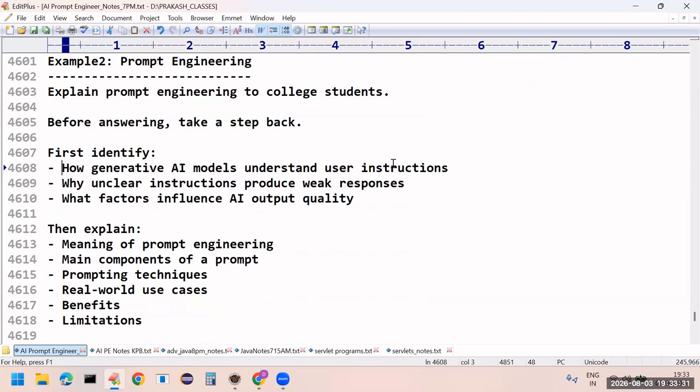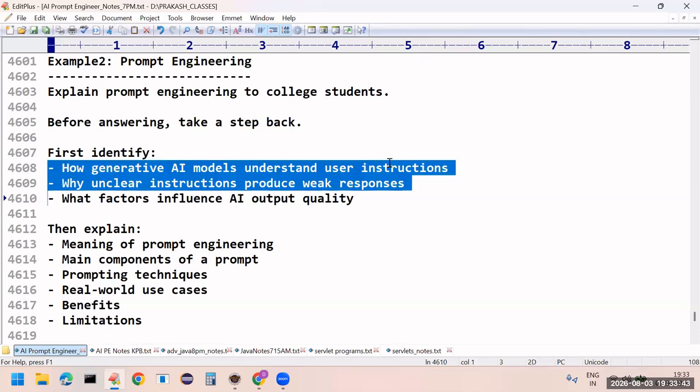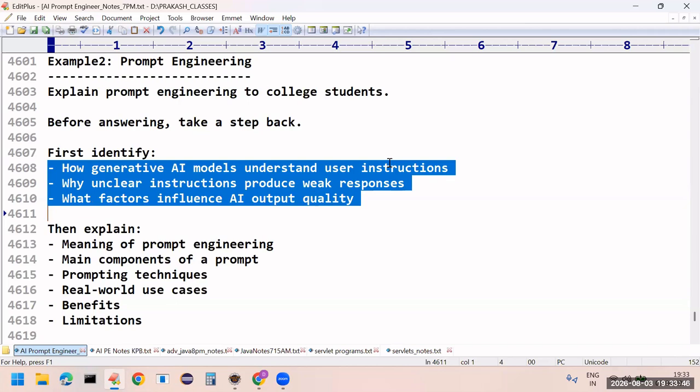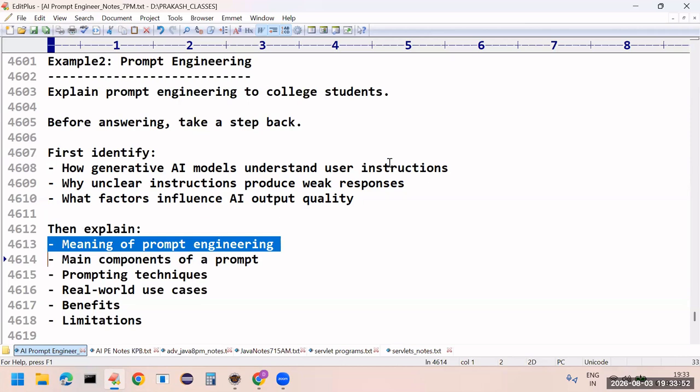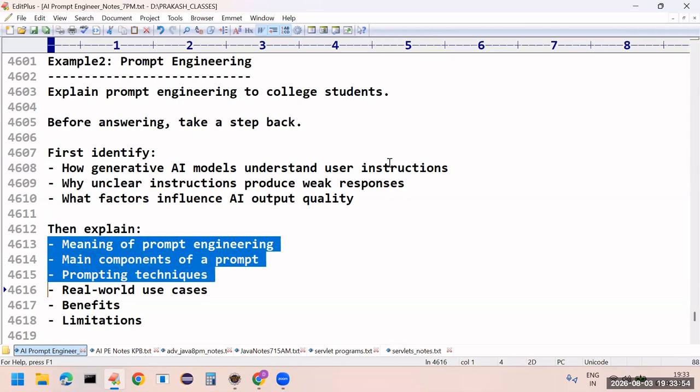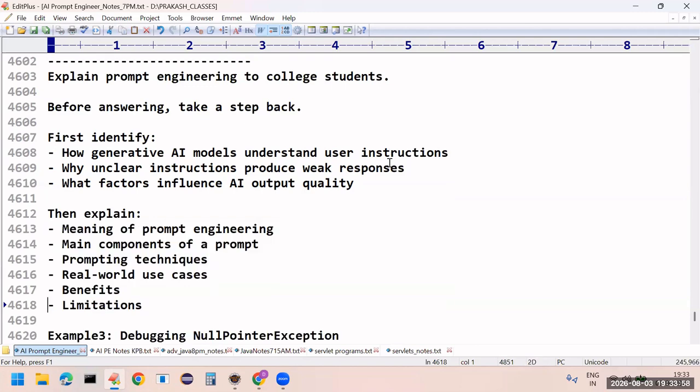Next, why do unclear instructions produce weak responses? What factors influence AI output quality? Then explain the meaning of prompt engineering, main components of a prompt, prompting techniques, real world use cases, benefits, limitations.